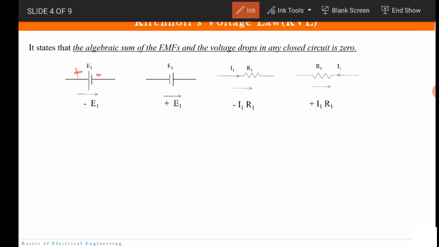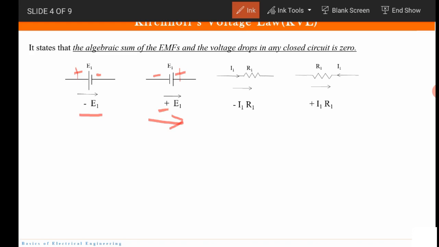When we are moving from positive to negative, we take it as minus. Please remember this very carefully, this is very important. And when this is negative and this is positive, moving from negative to positive, we take it as positive. Negative to positive, we take it as positive. Positive to negative, we take it as negative.